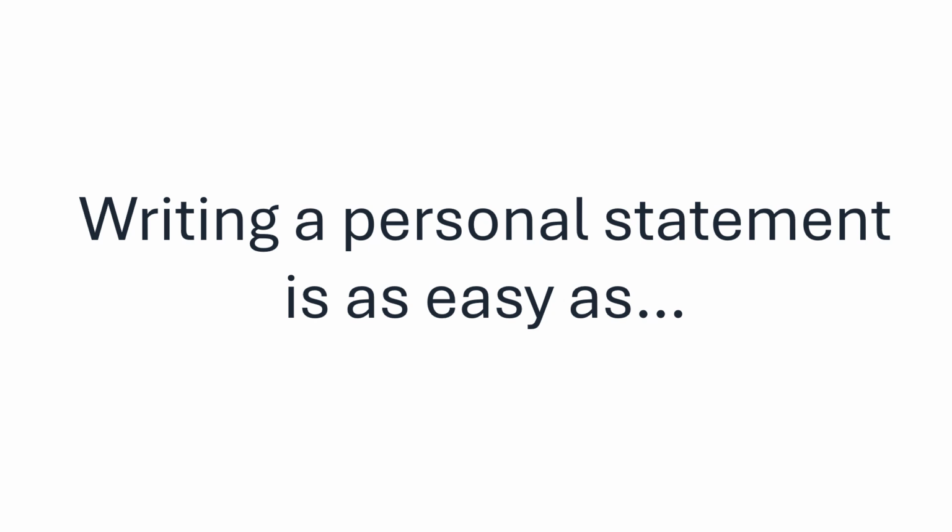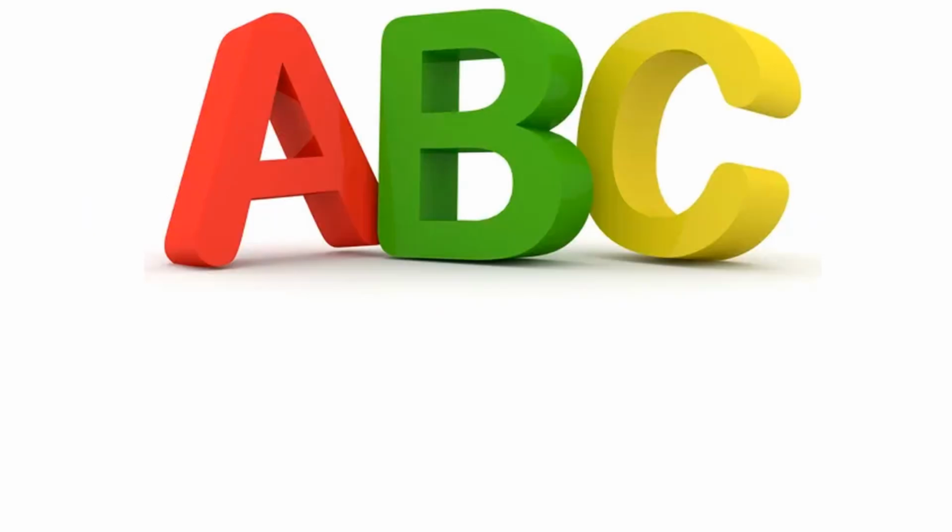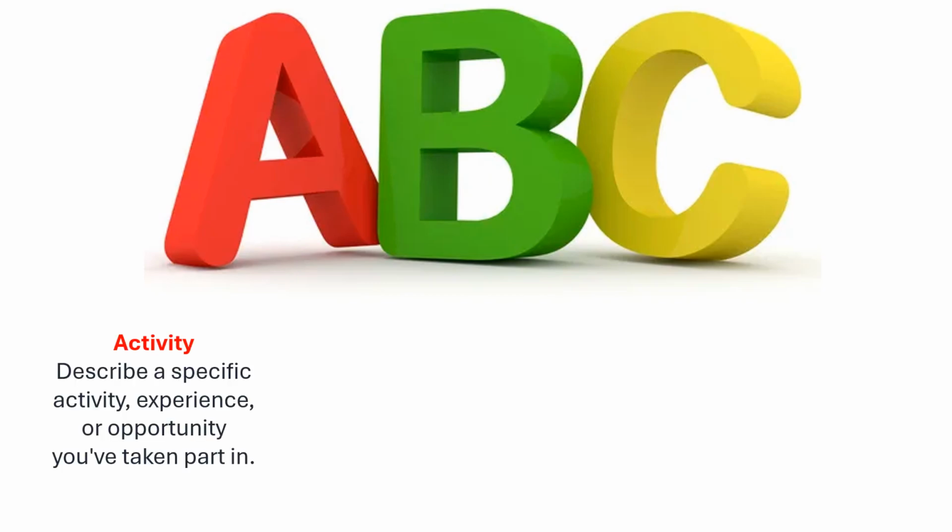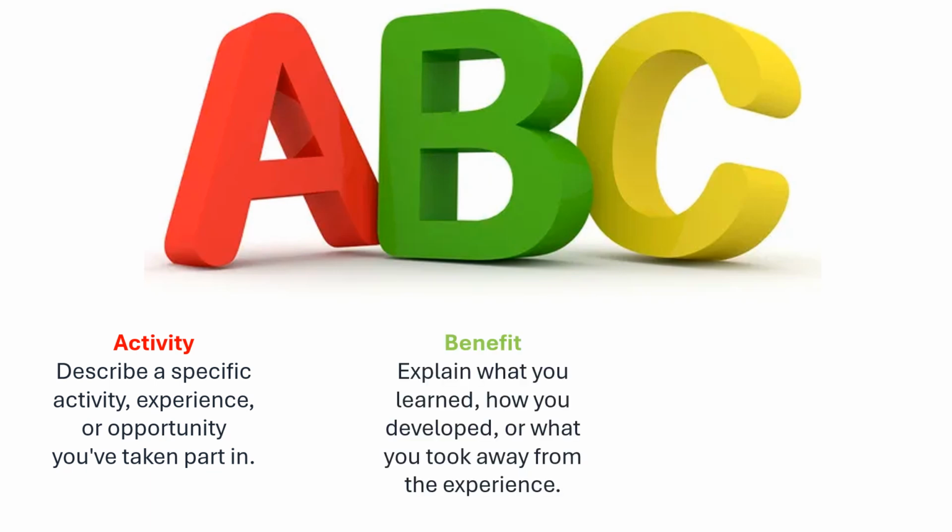Writing a personal statement or a cover letter is as easy as ABC. Everything that you write about needs to take this structure. A is for activity. You start by describing a specific activity, experience or opportunity you've taken part in.